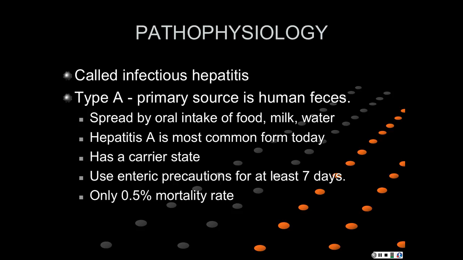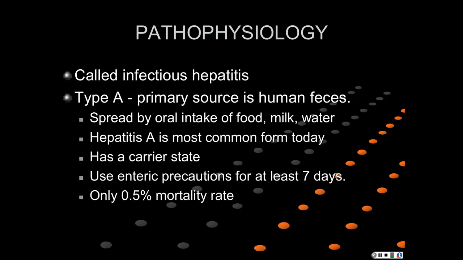It has a carrier stage. It's possible for somebody who has hepatitis to recover but not completely, and they become a carrier of the disease. The virus is not completely eliminated from their system.